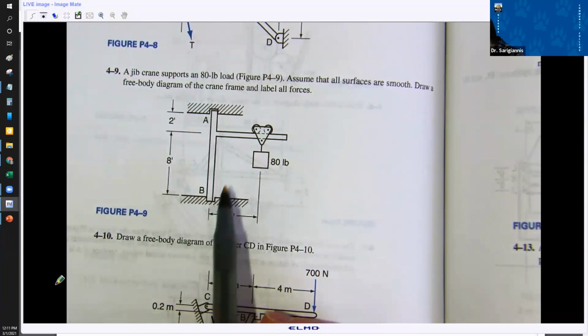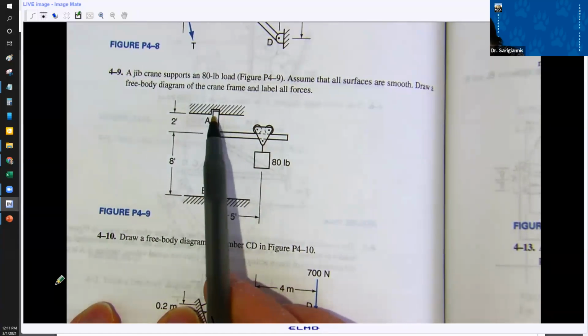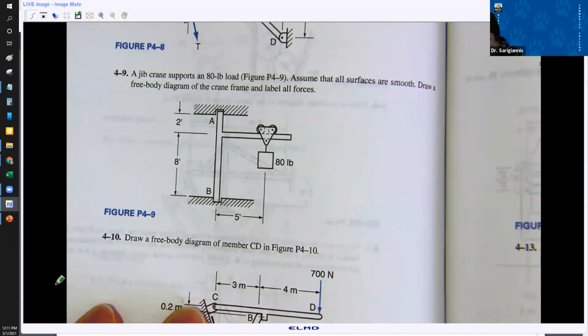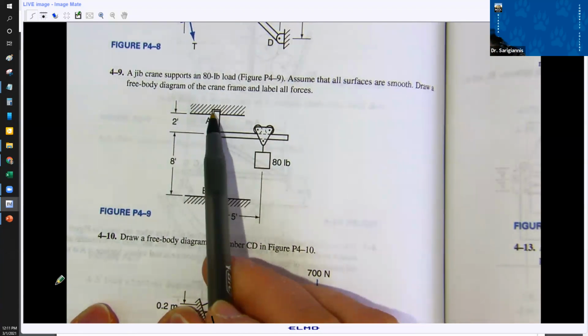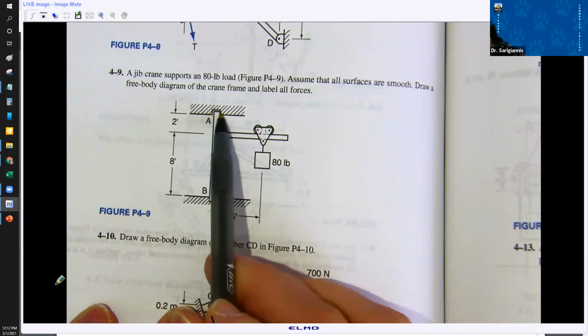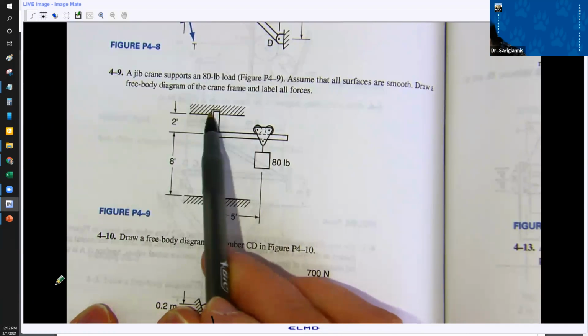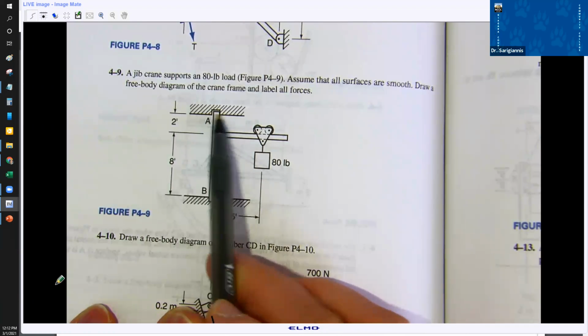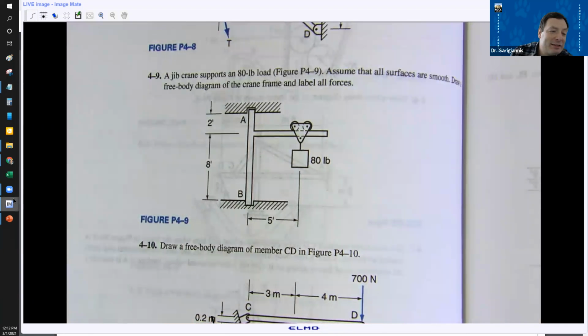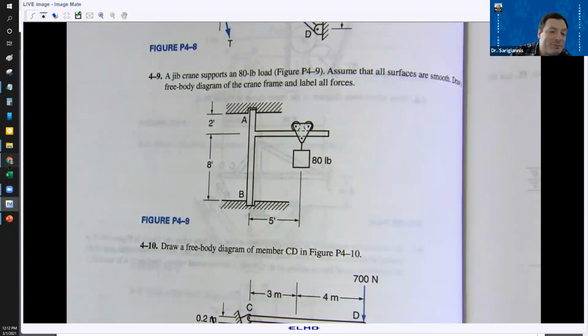Now, the one at the top is a little different because it is not in contact with the ceiling. It's only held in place from moving left and right. So the constraint here is only an x direction reaction force. So you would draw something like this.